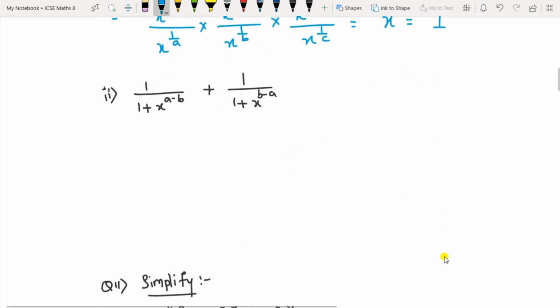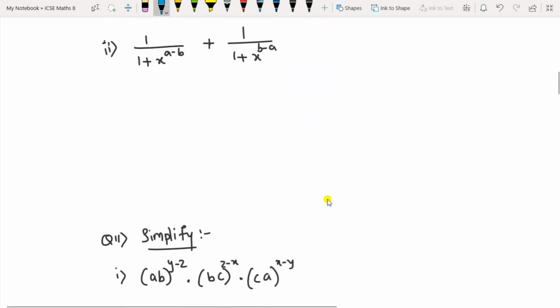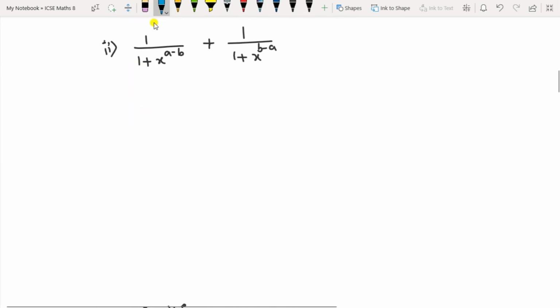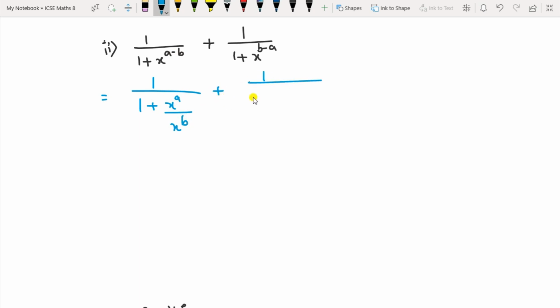Okay. The next one is 1 upon 1 plus x raised to a minus b. This is in the subtraction form, that means it becomes division. So x raised to a upon x raised to b, plus 1 upon 1 plus x raised to b upon x raised to a.